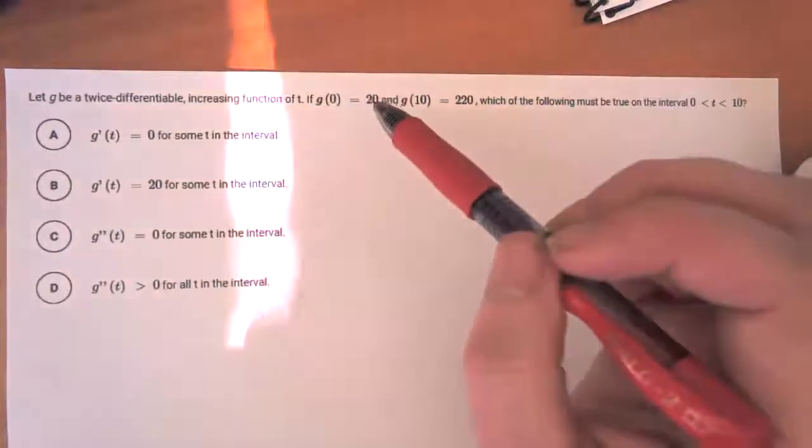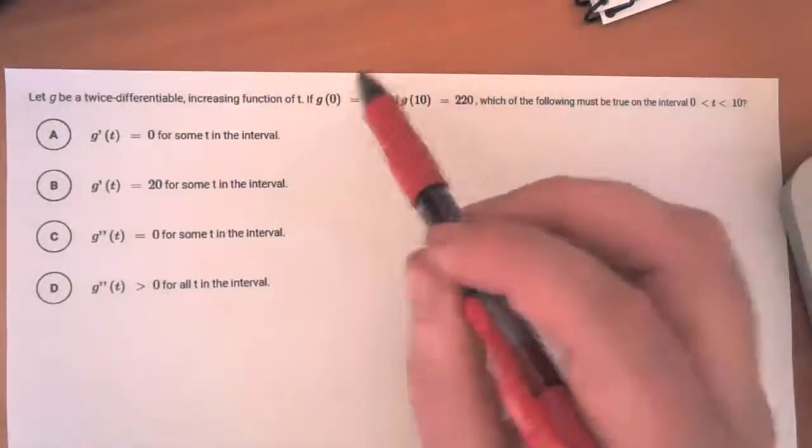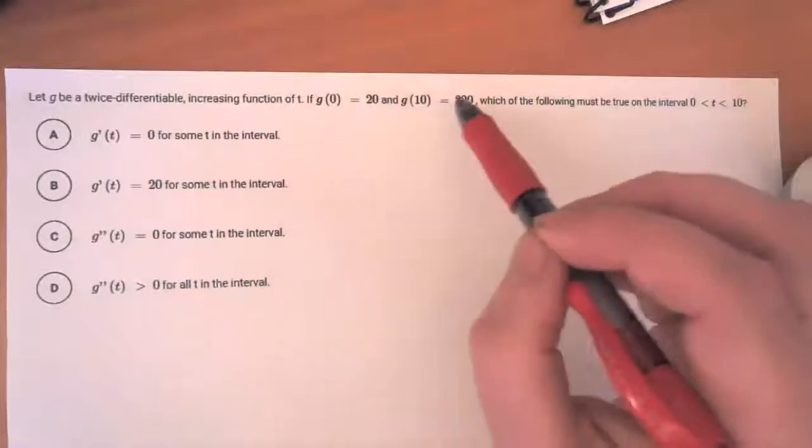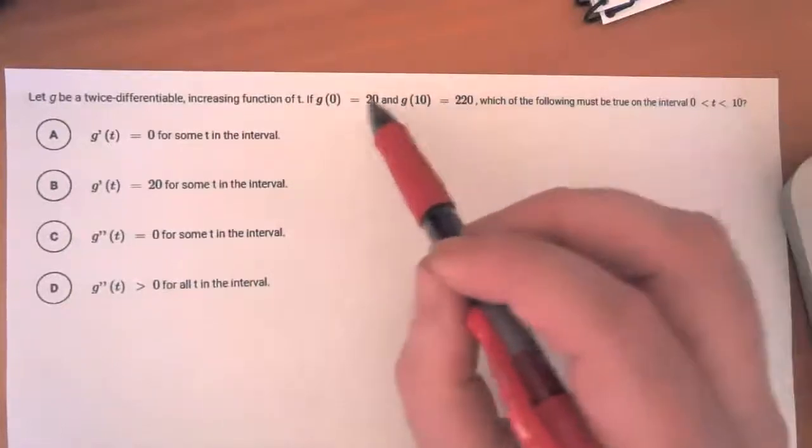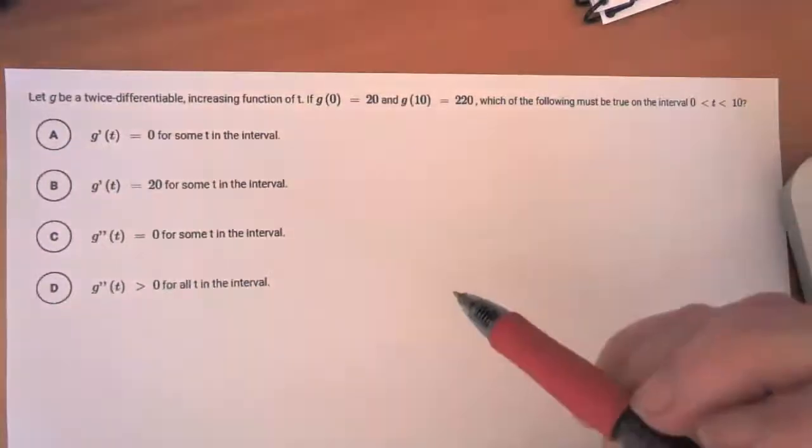And the second is the mean value theorem, which says that at least one point has got to have the same derivative as the slope of the secant line that connects these two endpoints.